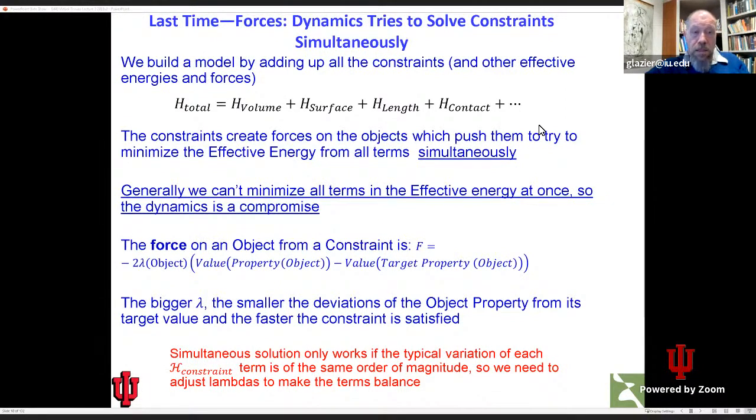And so in that case, I'd probably write that the force was the absolute value of the length rather than the length squared, so that the force was constant as I changed the length. But that's a great question. Yes, absolutely, you can do that.